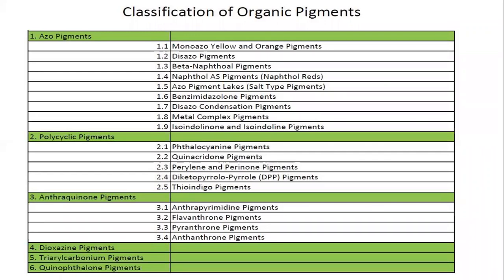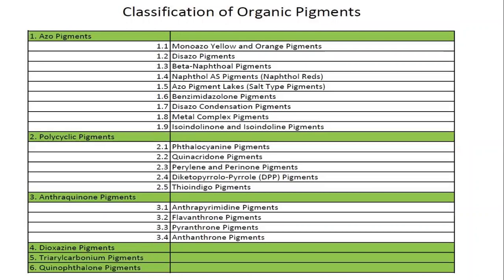Metal complex pigments are used for dyeing nylon and protein fibers, paint, toners for photocopiers, lasers, and also inkjet printers. Isoindolinone and isoindoline pigments exhibit excellent light fastness, offer good heat stability and chemical resistance, and are suitable for many paints and coating applications.